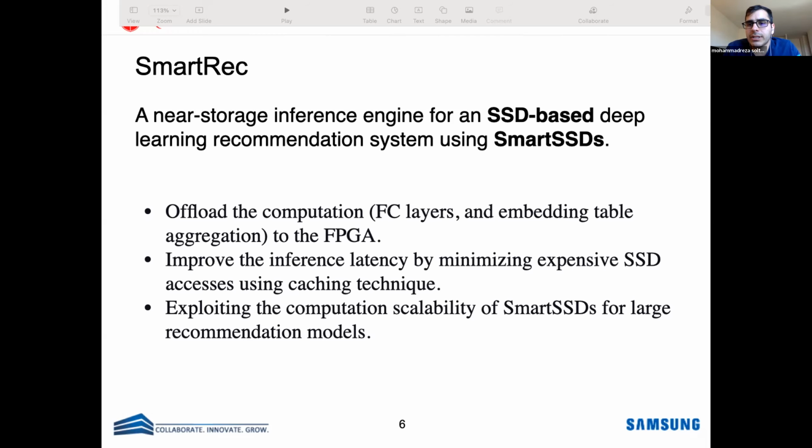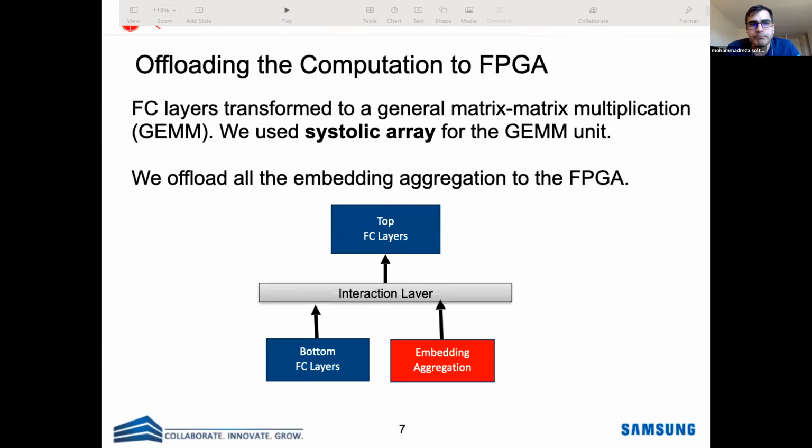To achieve reasonable latency, we want to apply optimizations such as caching techniques to reduce the latency of the inference. And finally, we want to take advantage of the computational scalability of this smart SSD in order to build a large scale system.